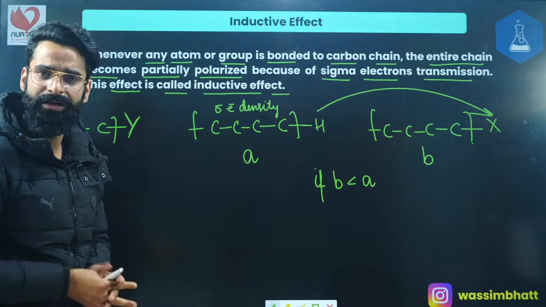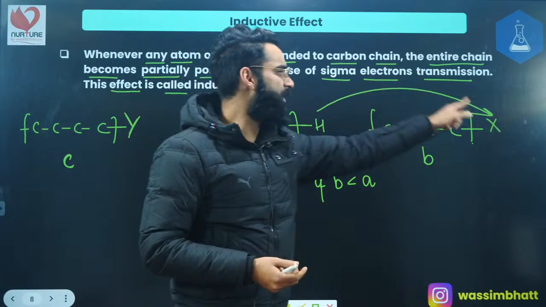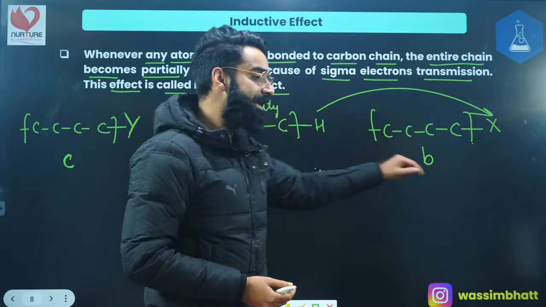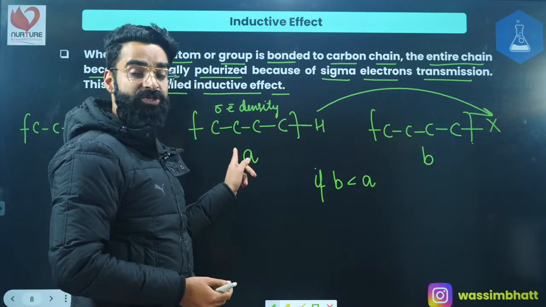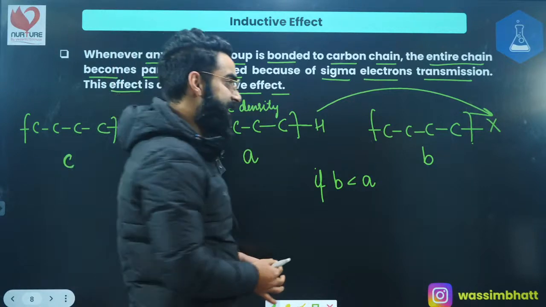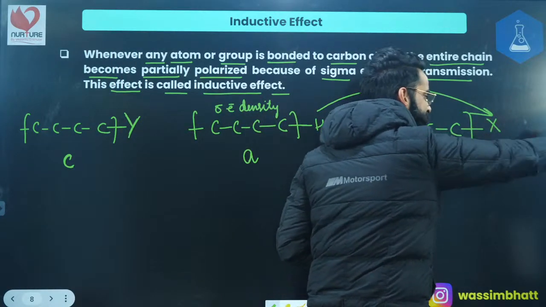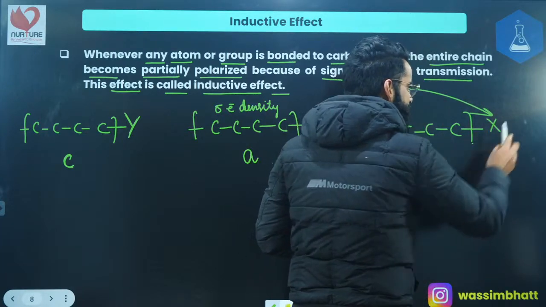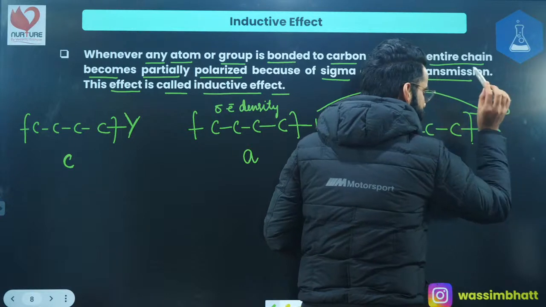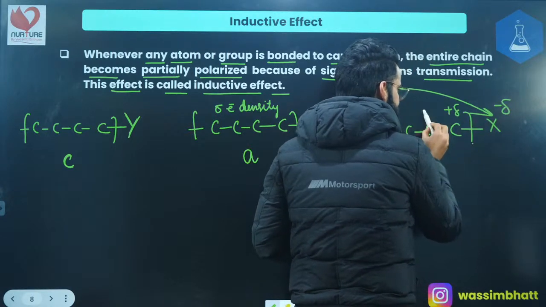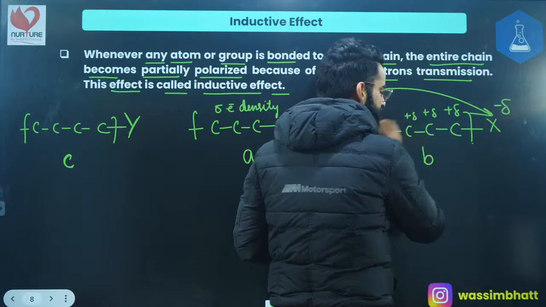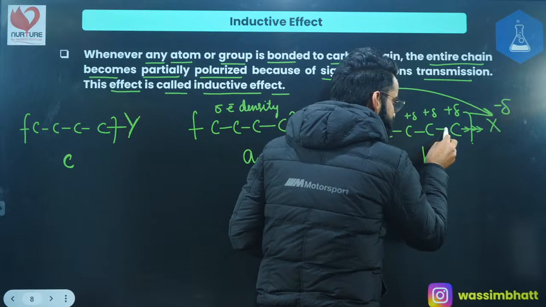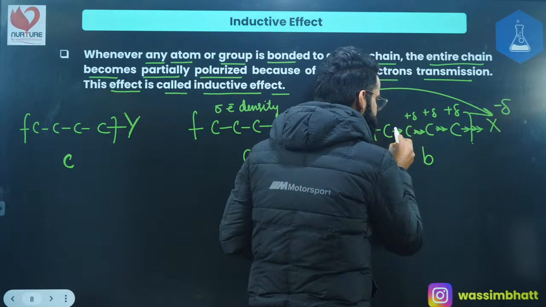I can conclude that this X has dragged the sigma electron density towards itself, so this X would have got delta negative, this carbon would have got delta positive, even this carbon would have got delta positive, and so on.